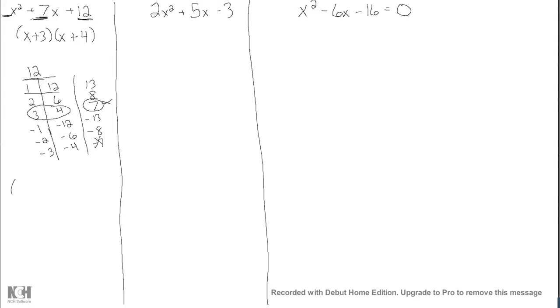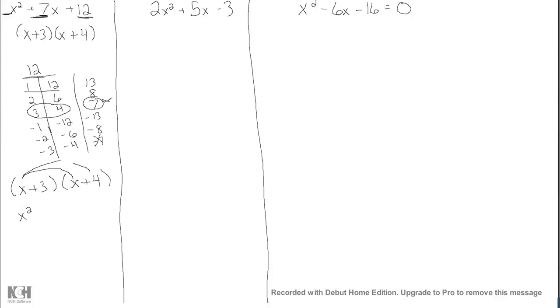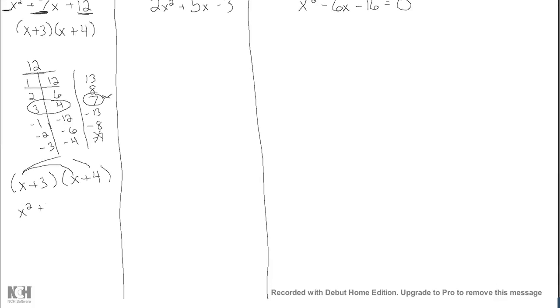Now I can always check myself if I'm unsure by using the FOIL method or the distribution method, whichever way you're used to from Unit 3, where we say x times x is x squared, x times 4 is positive 4x, x times 3 is positive 3x, 3 times 4 is positive 12.